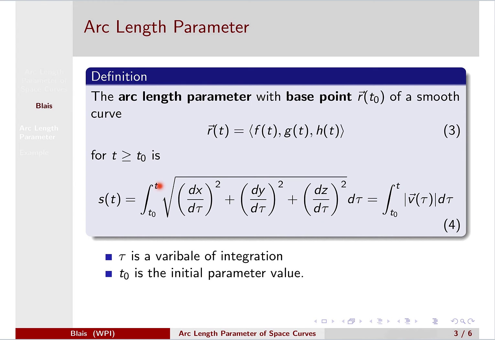We're using t now in the upper limit of integration, so we need a dummy variable, and we just choose tau. Usually we use s or t, but you can see we're using them both here. And of course, when you do this integral, you're integrating d tau, and so tau does not appear in the result. It's just a variable for integration. And again, t naught is the initial parameter value.